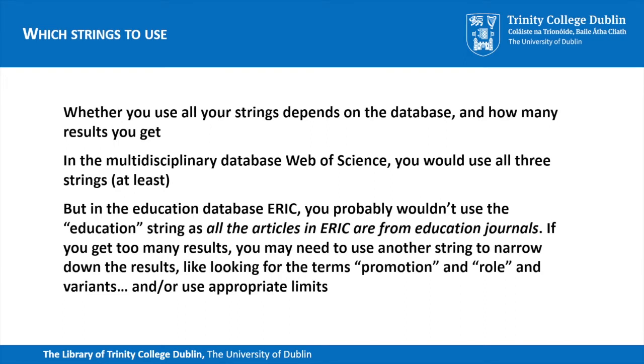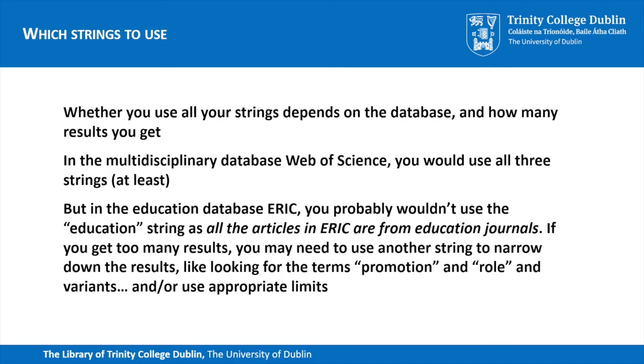But if you are in the database ERIC, which is an education database, looking in education journals, you wouldn't need to put in the education string because it's all to do with education.